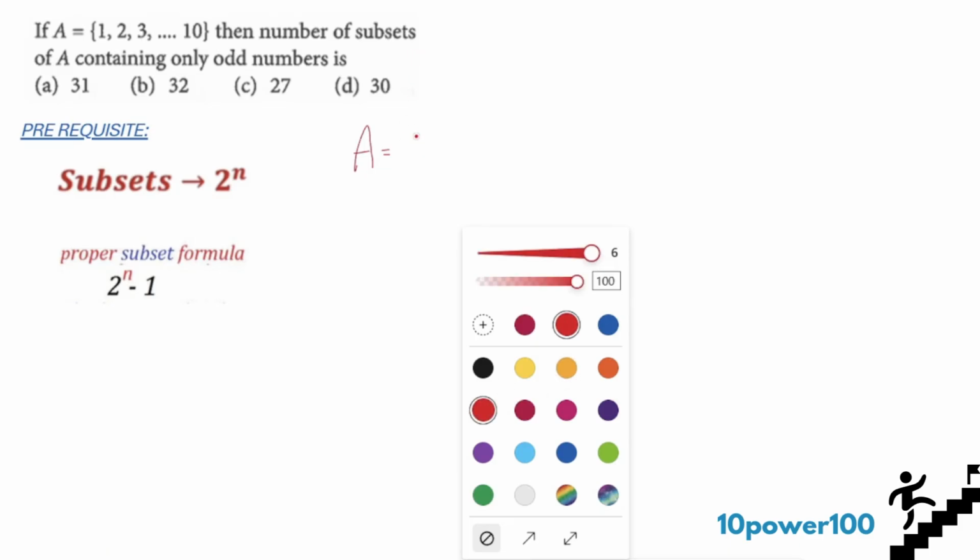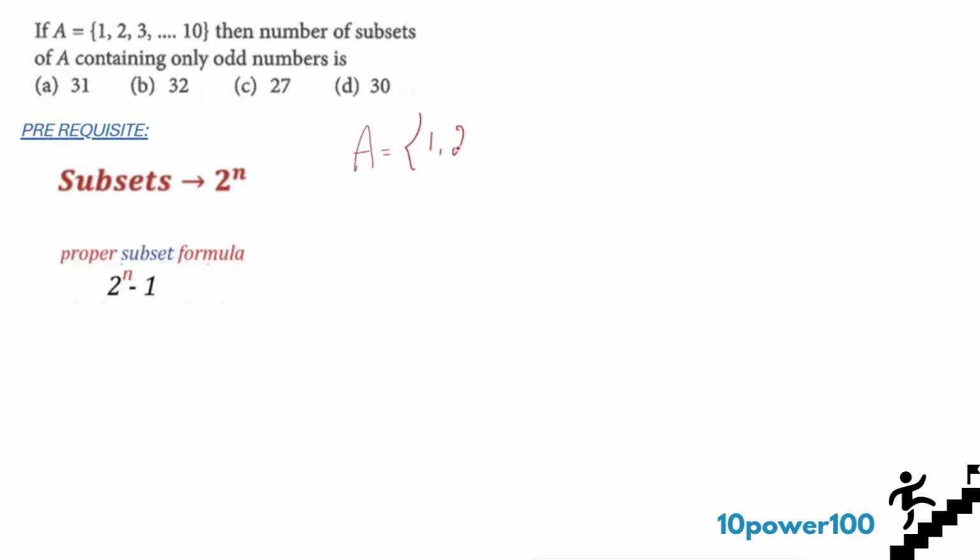Set A is equal to 1, 2, and so on up to 10. But they have asked us to find only the subsets containing odd numbers. From 1 to 10, how many odd numbers are there? It is 1, 3, 5, 7, 9. Only these are odd numbers in the series 1 to 10. So how many numbers are there? It is 5. So n is equal to 5.